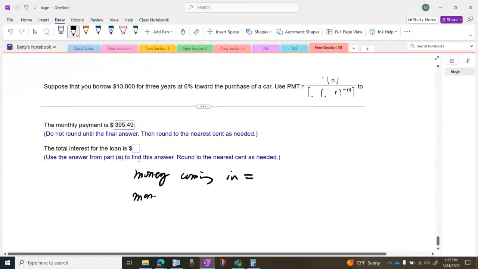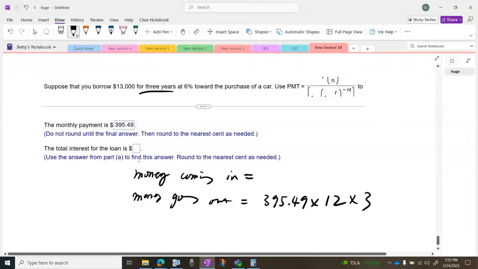And then money going out over time. So going out is the monthly payment, $395.49 times 12 times the 3-year loan. And that's how much money is going out. Money coming in, at the very beginning, they give you 13 grand.